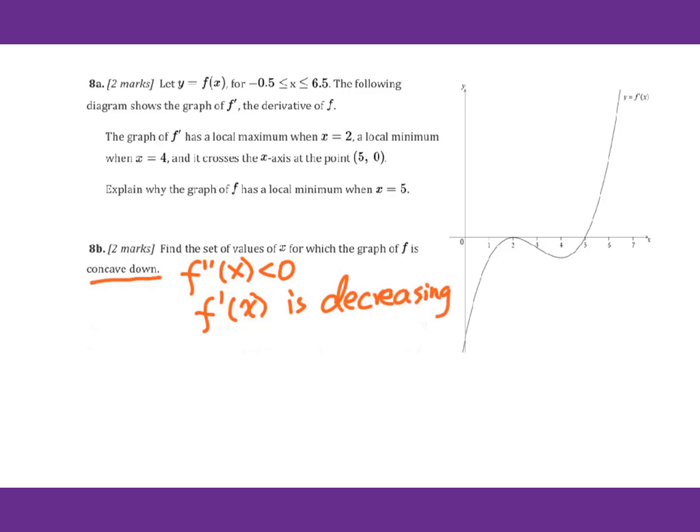Therefore, just check from here to here, that's decreasing. So the set of x will be between 2 and 4. Or you can write down the interval form like this.